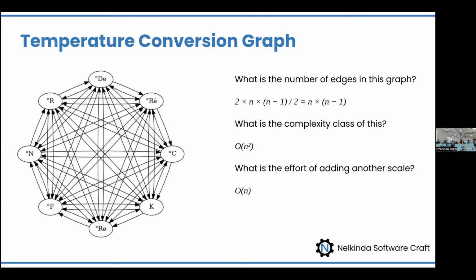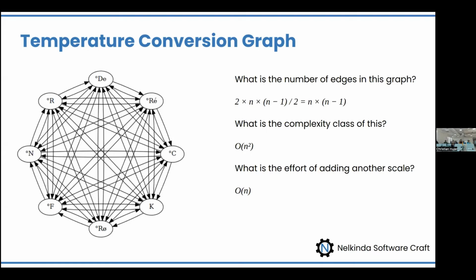What if we have 10 functions? In this case, maybe we can have one base scale. Exactly. So basically, we want to change the shape of the graph in the following way. We still want that it's possible to navigate from every node in the graph to every other node in the graph.